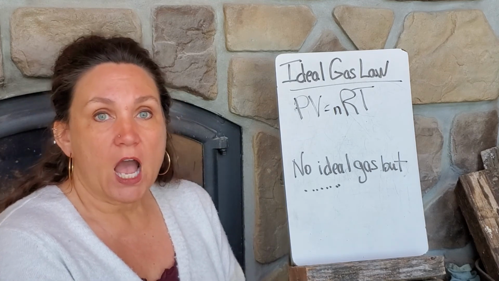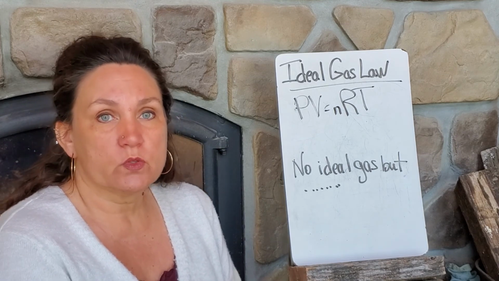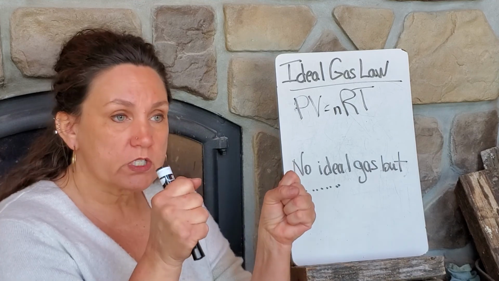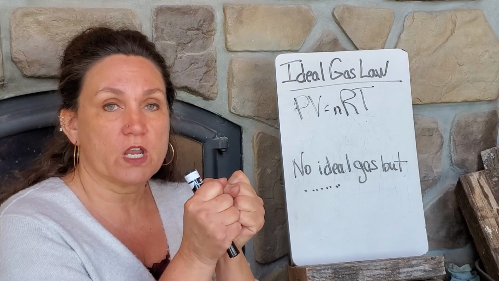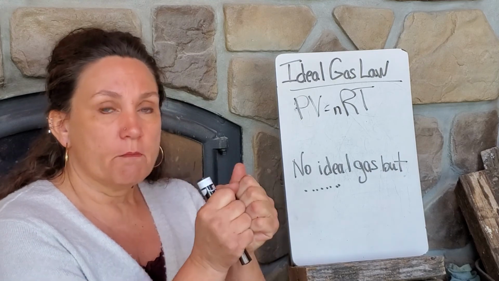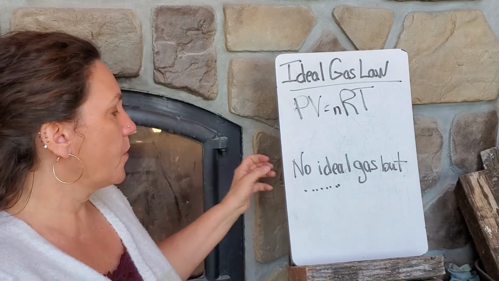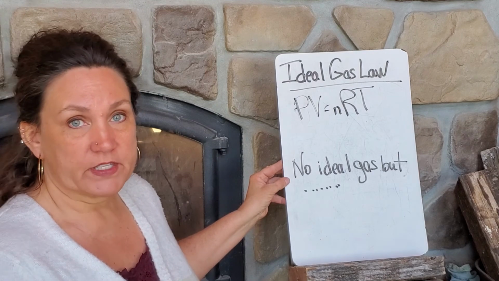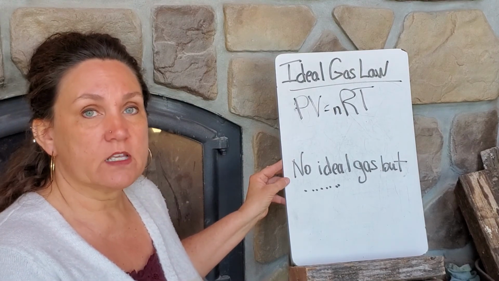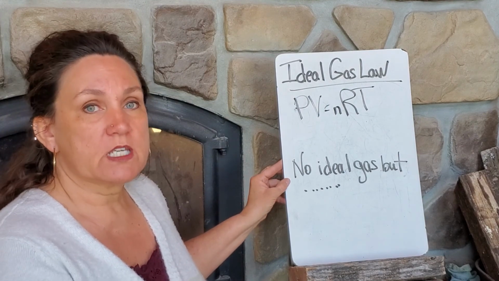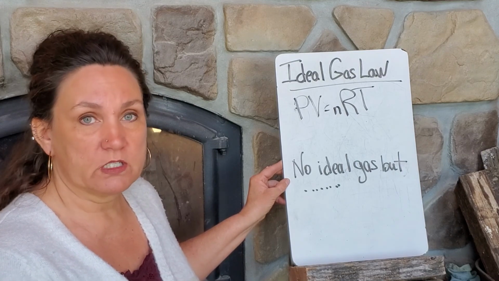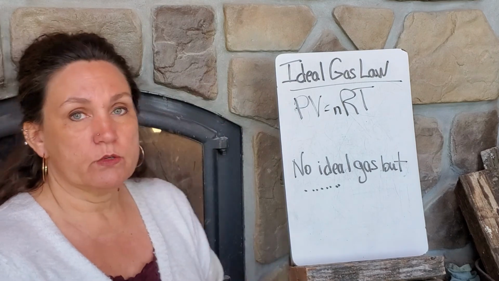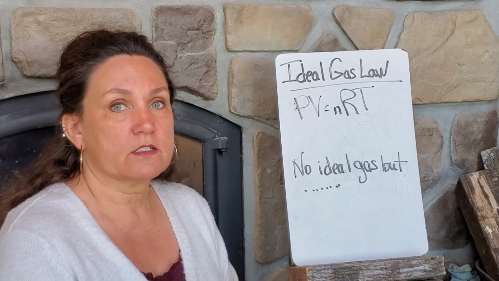At very, very high pressures, we can do the same thing. We can force those molecules to get so close together through very high pressures that they might kind of stick together. So there's not an ideal gas. But most gases act like ideal gases most of the time. So we're able to use all of these particular gas laws.